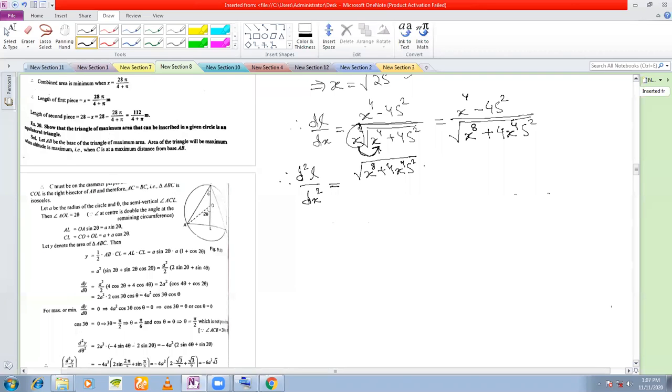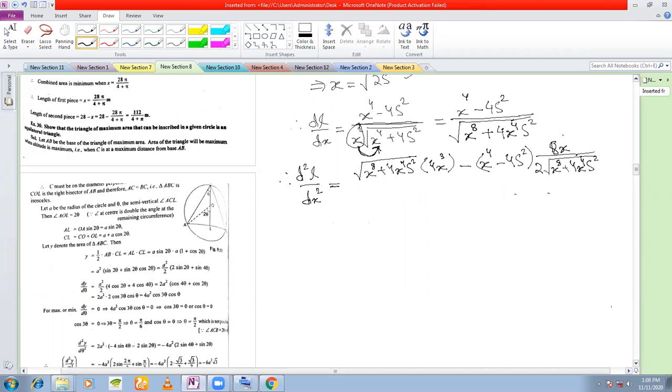Into the d by dx of this, which will be 4x to the power of 3, minus x to the power of 4 minus 4s square into the d by dx of the denominator. What is the d by dx of the denominator? It is 1 by 2 root of x to the power of 8 plus 4x to the power of 4 whole square, into the d by dx of whatever is within.